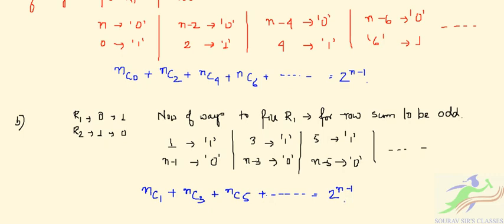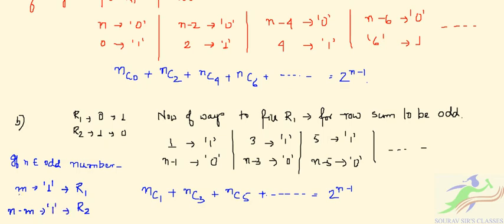Now there is a thing which we have to mention. Suppose n is an odd number, and if we choose m 1s for R1, then in R2 it will be n minus m 1s. So if n is an odd number and we choose m also an odd number, then n minus m will be an even number.